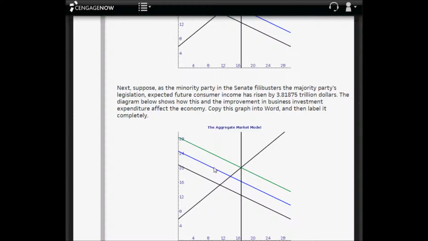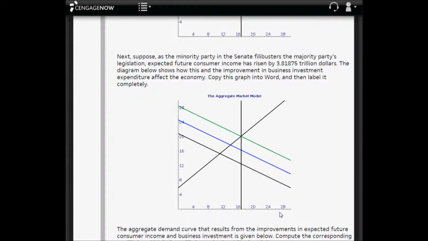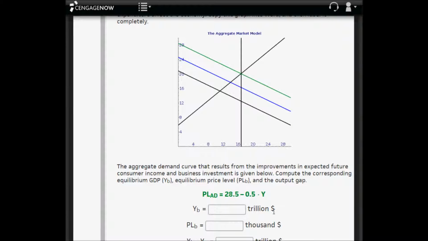So this is AD1, AD2, and AD3. Short-run aggregate supply, long-run aggregate supply, price level in thousands of dollars, real GDP in trillions of dollars. The green equation here is the aggregate demand model after the improvement in expected future income and business investment.